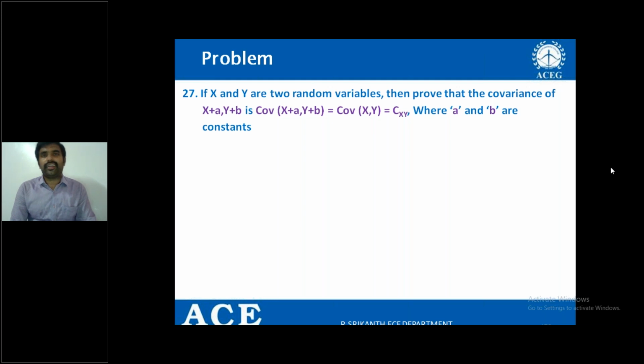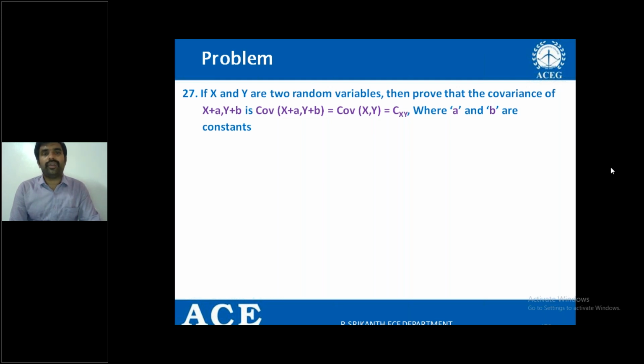Now let us start this session with a problem related to the statistical parameter, that is covariance. Sometimes in the exams you can expect the proof of a property as a problem, and that is why I'm taking a problem like this.